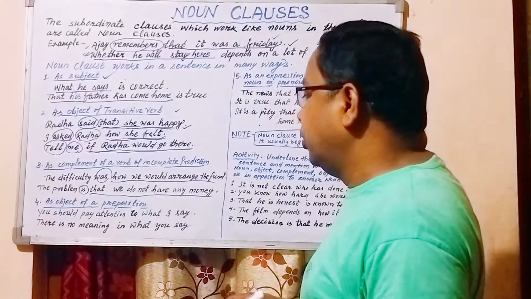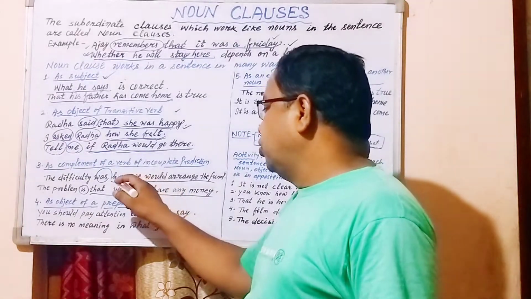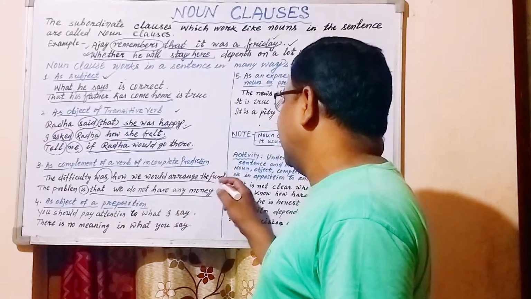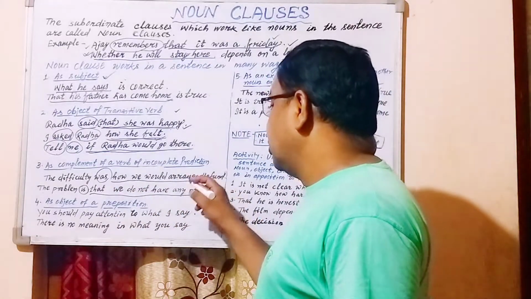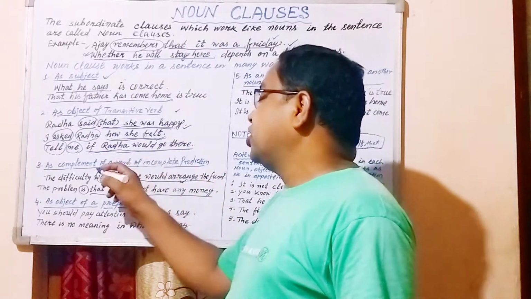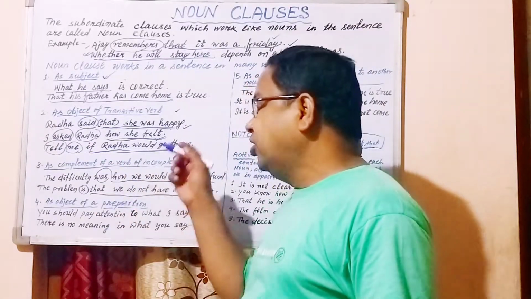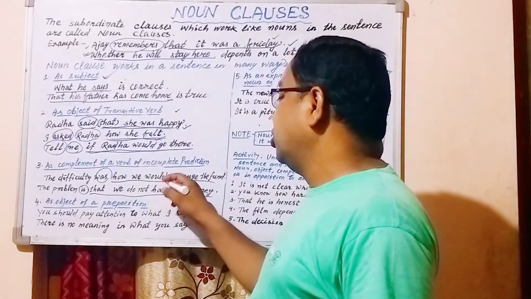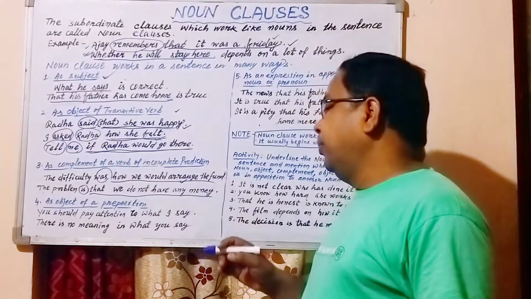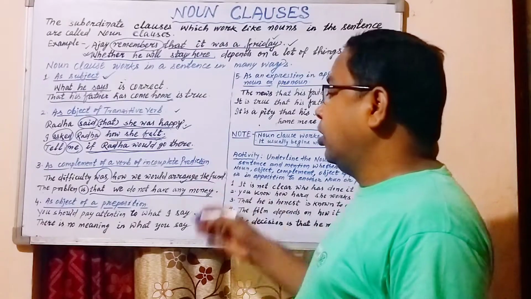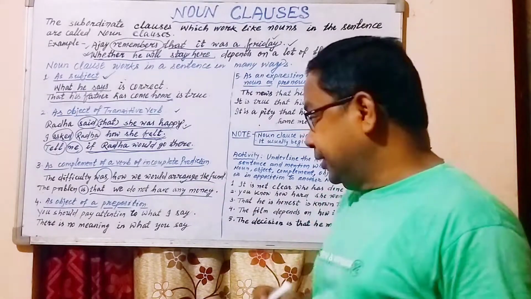So we have to use this part, how we would arrange the font, that we do not have any money. These parts complete the sense, complete the meaning, complete the sentence. So this part is called the complement. So here the noun clause acts as complement.